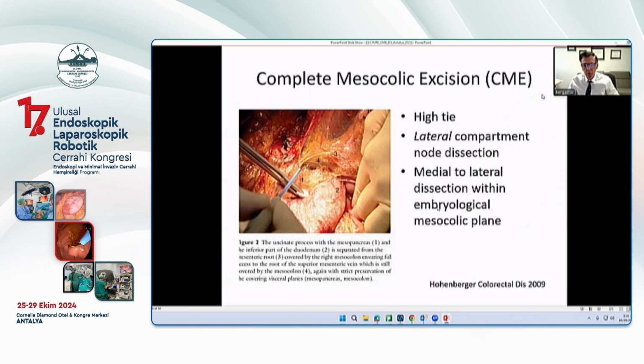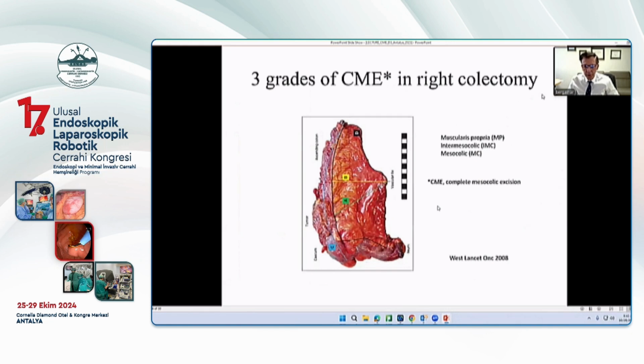It's an important concept. You don't want to go into the muscularis propria or the intermesocolic plane. You want to go into the embryological plane and not breach the fascia that is the envelope of the mesentery of the right colon.